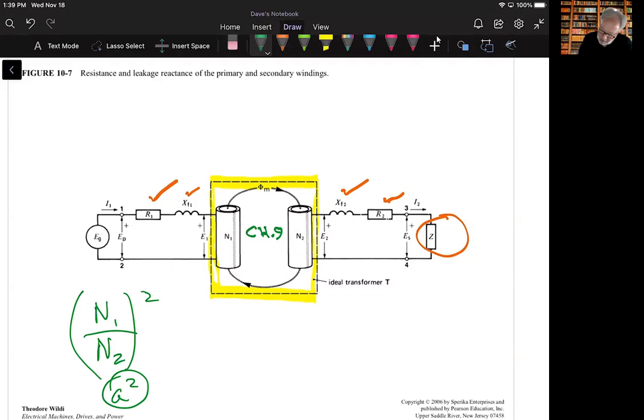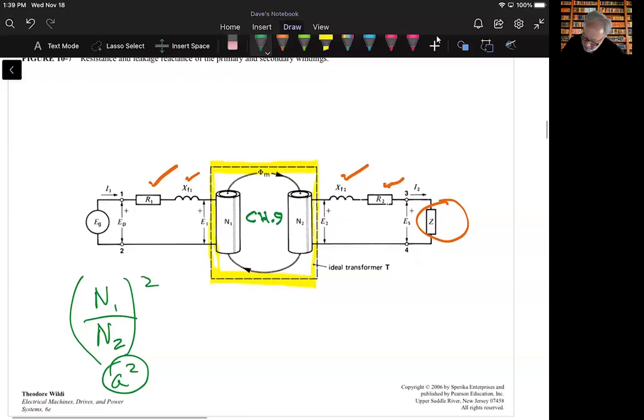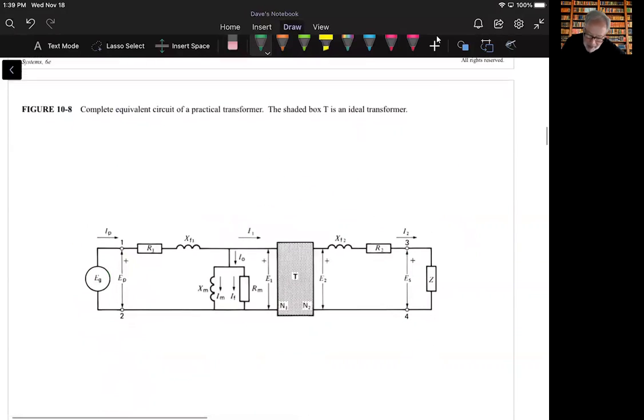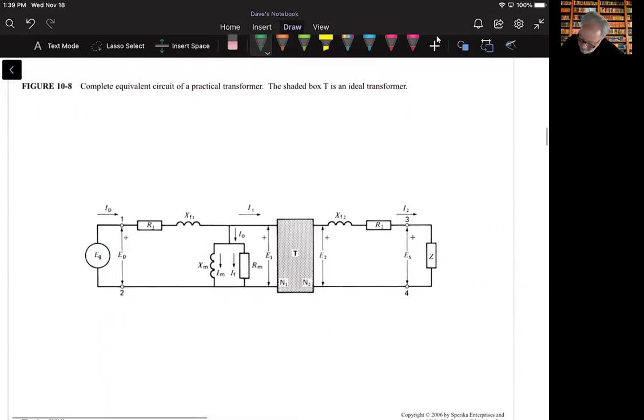So if we take this a little bit further, we've got all of this, and we understand where all these things come from. Now, if we add X sub M and R sub M, that represents a practical core in terms of heat losses and saturation considerations.